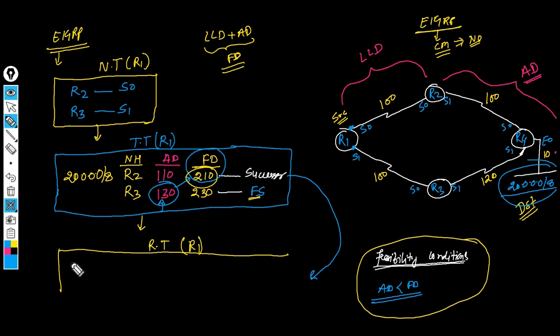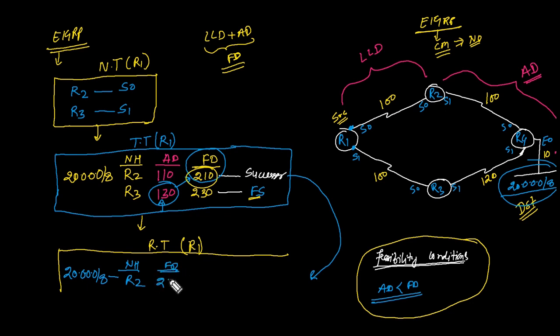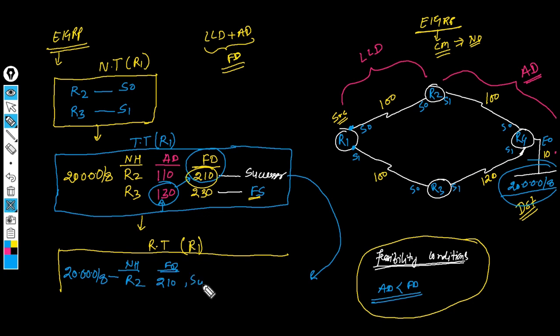Best path in the sense that 20.0.0.0/8 you can reach via next hop R2, and the total feasible distance is 210, and this is going to be my successor path. This is the value you will find in this. Only the best path will get installed into the routing table.